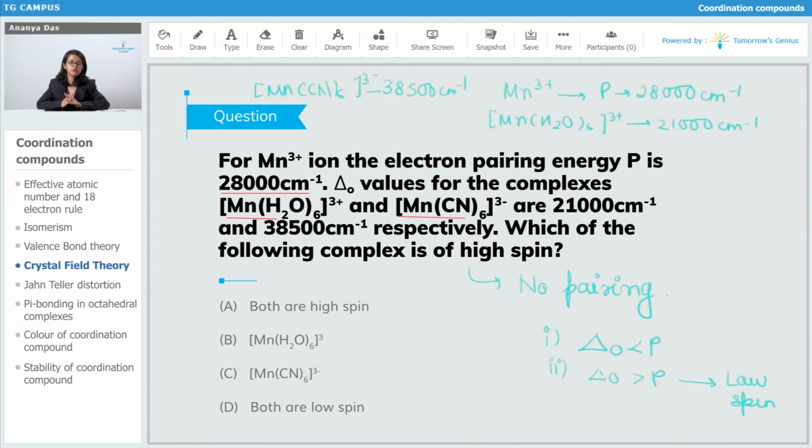But for the first complex, [Mn(H2O)6]3+, pairing is not going to occur because delo is less than P. That means it is a high spin complex. So the correct option is option B.